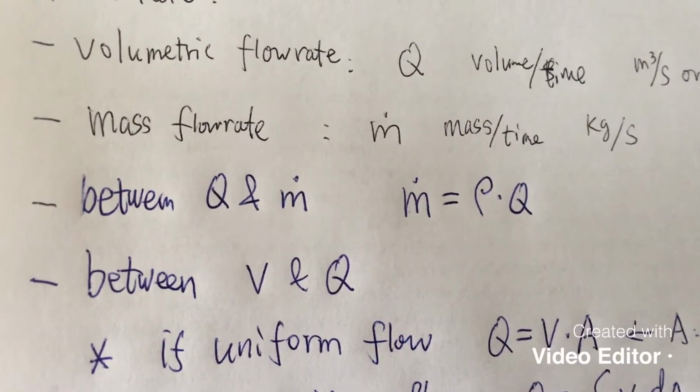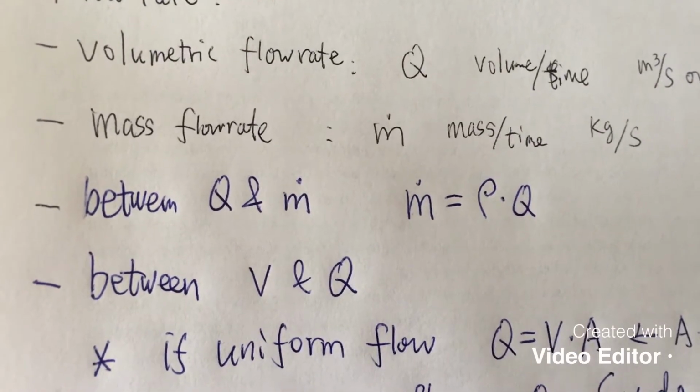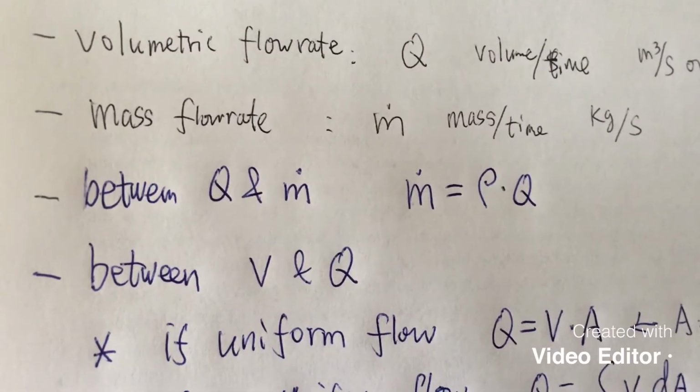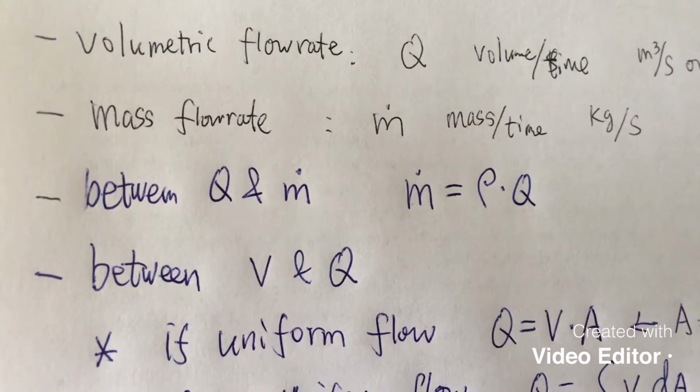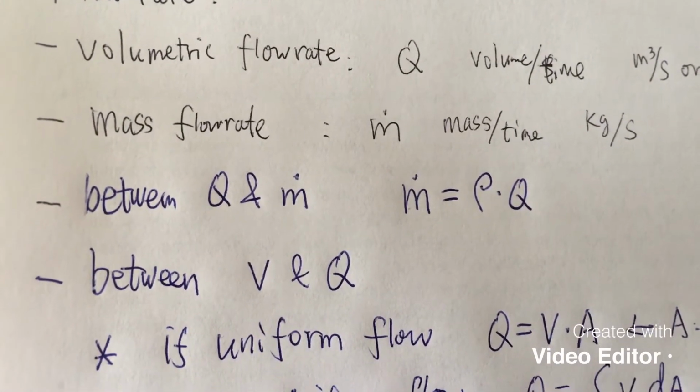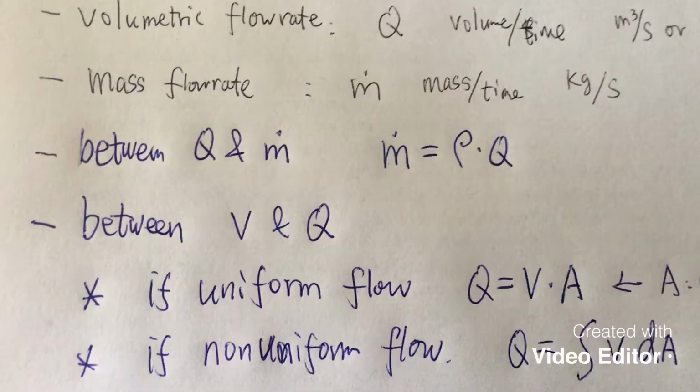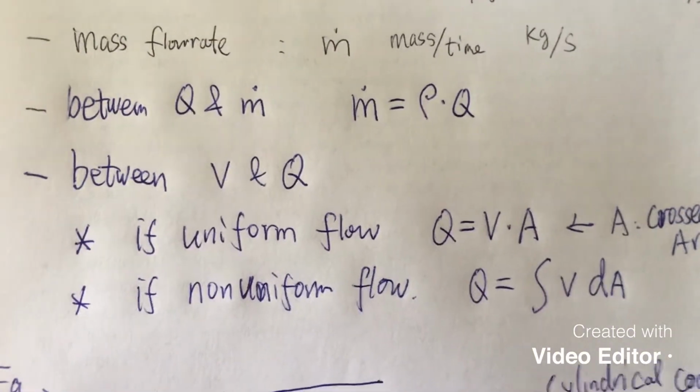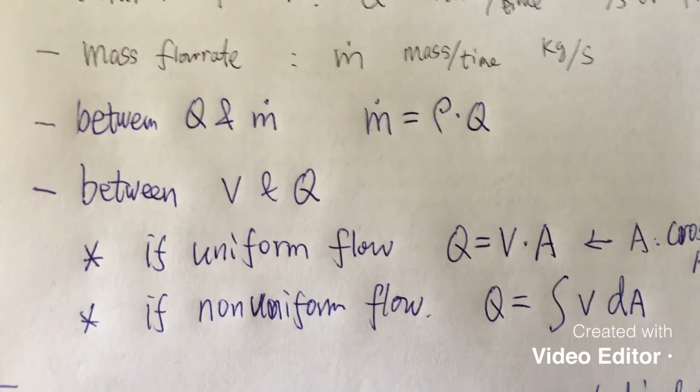Vice versa, if you are given a mass flow rate, you divide it by density and it becomes volumetric flow rate. It's very easy to convert between the two flow rates.